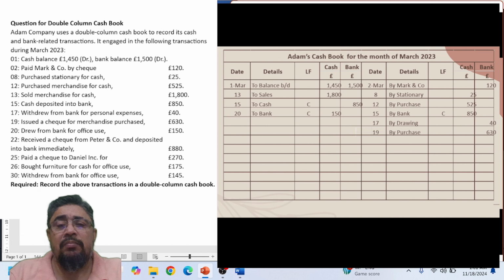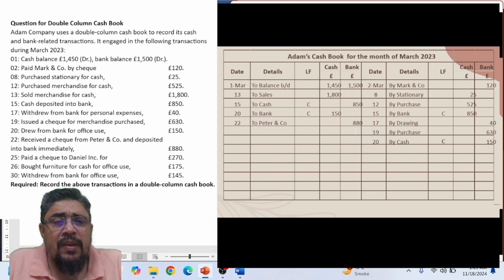At the same time, the same amount will be recorded on the credit side here on 20th March by cash, the contra entry, and the amount is written in the bank column, 150.